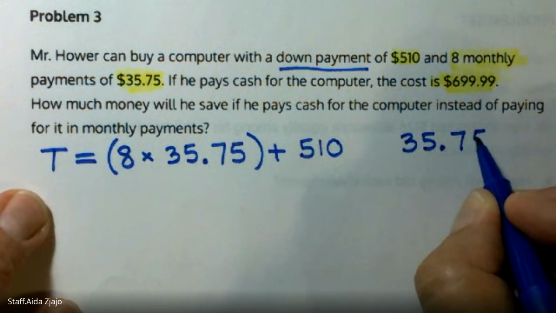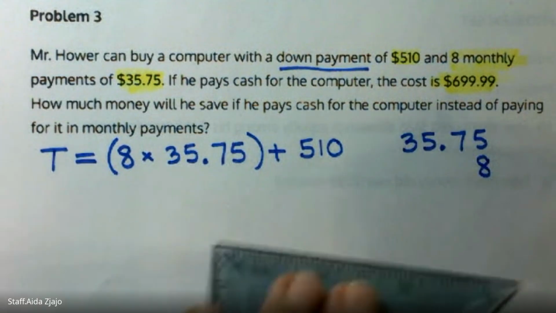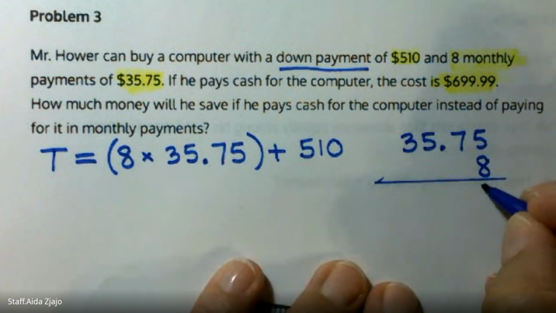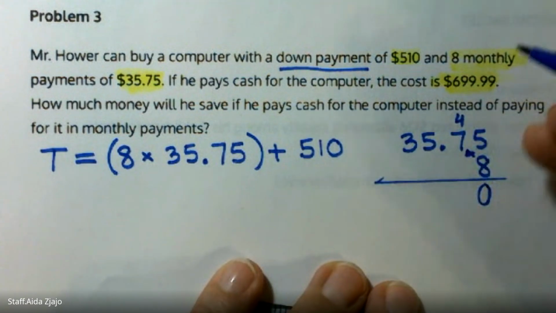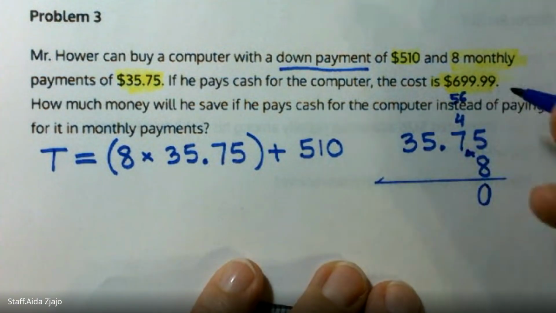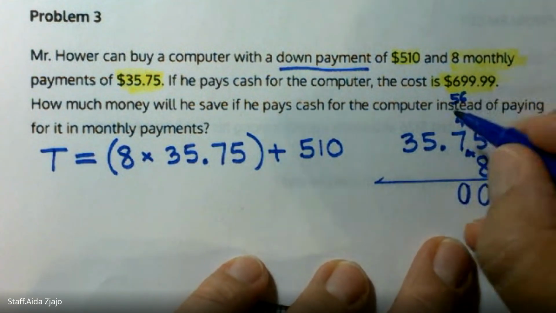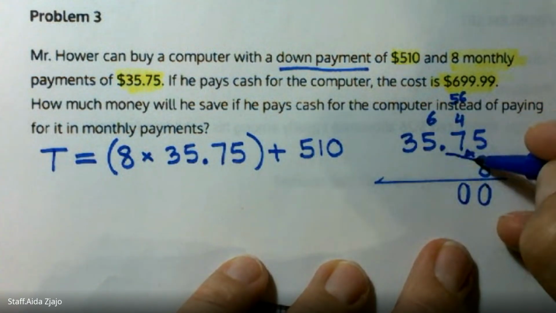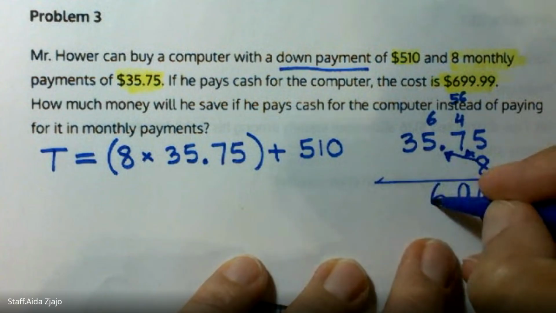So let's do the multiplication. 35.75 times 8, we're going to use the standard algorithm. 5 times 8 is 40. Remember 4. 7 times 8 is 56, plus 4 is 60. Remember 6. 5 times 8 is 40, plus 6 is 46.